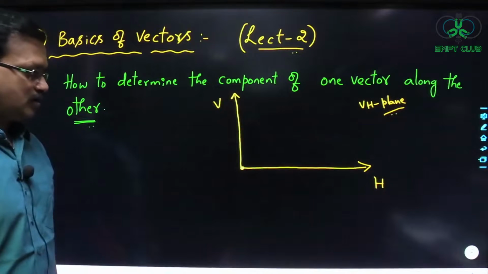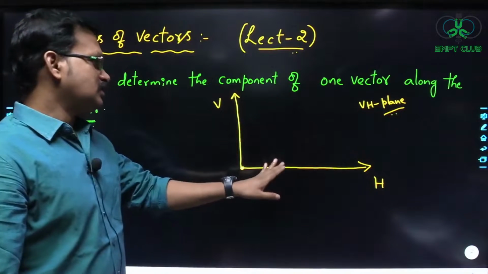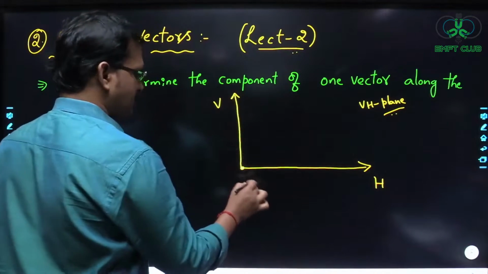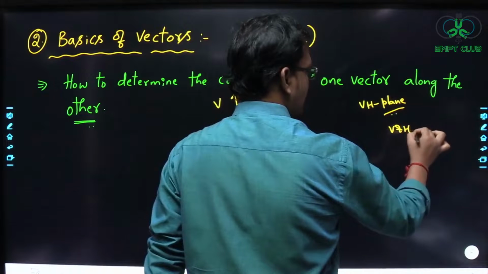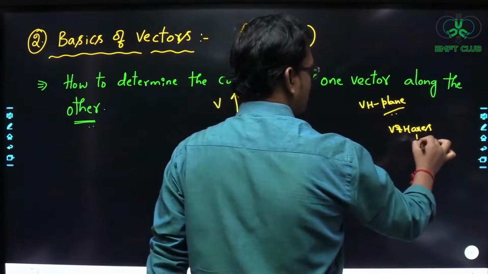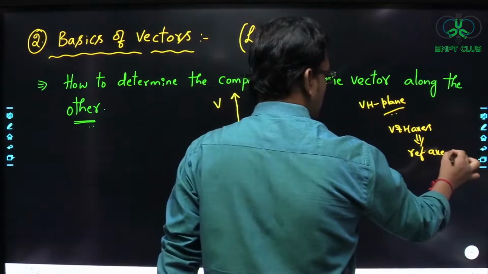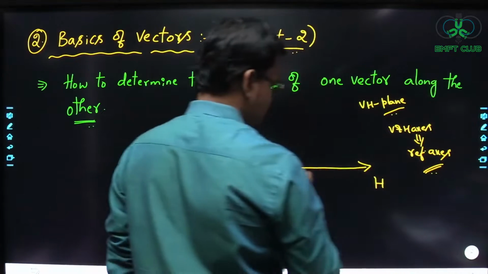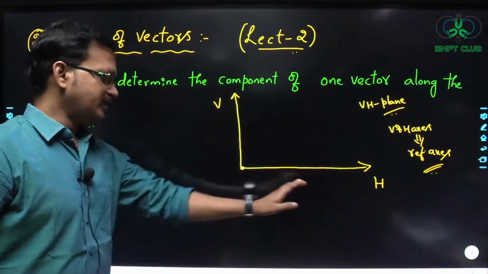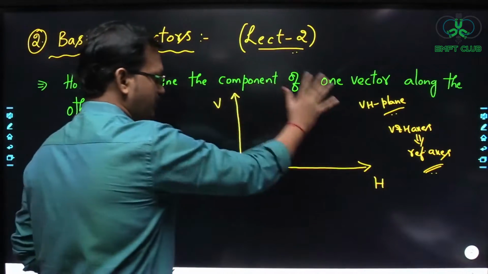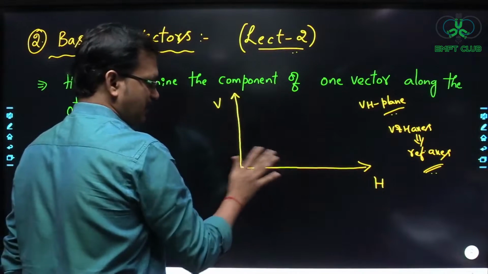See, this horizontal axis and this vertical axis, the V and H axes, are nothing but our reference axes. So what is the purpose of these reference axes? Whenever we draw two orthogonal coordinates like this, it is going to form a plane, and here the reference axes are the V axis and H axis.